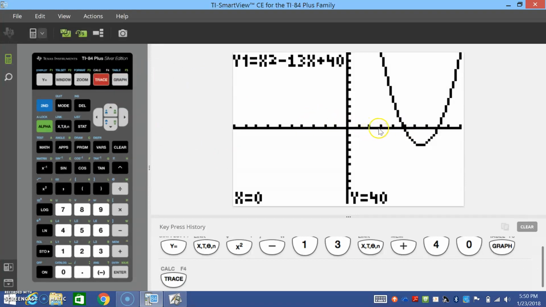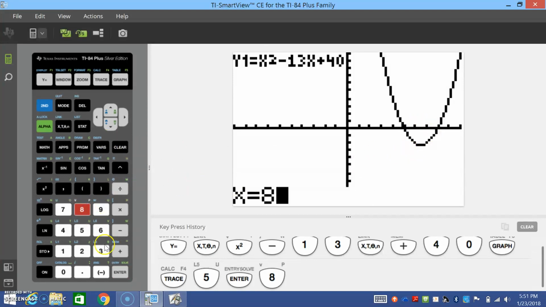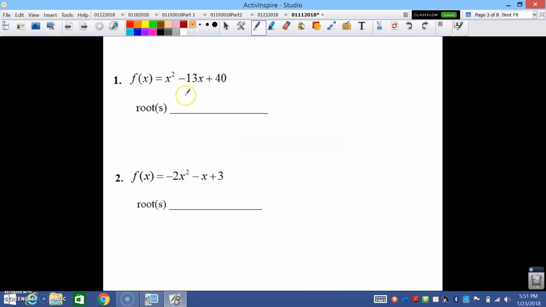We can kind of guess. So this is 1, 2, 3, 4, 5. So let's put in x equals 5, and we want to make sure that we get y equals 0. So that's good. That means x equals 5 is one of our solutions, and we can guess the other one, 6, 7, 8. So let's check x equals 8, enter, and we also get y equals 0. So that's also good. So our two roots are 5 and 8.